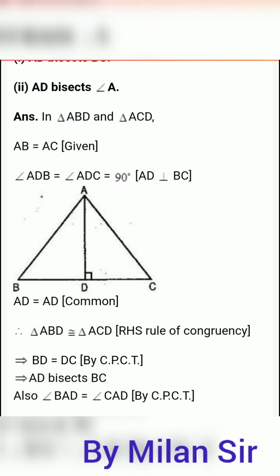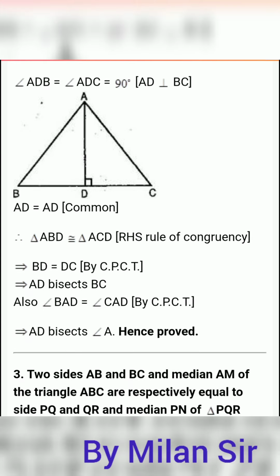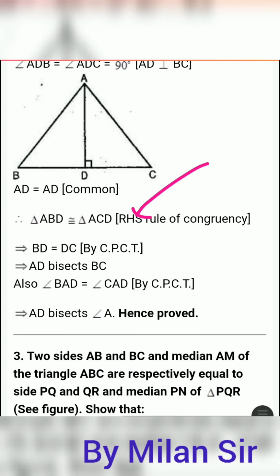Now the second thing is AD bisects angle A. Again by using this congruency criteria, we can say that BAD, in the second, first and third position, here second, first, third.